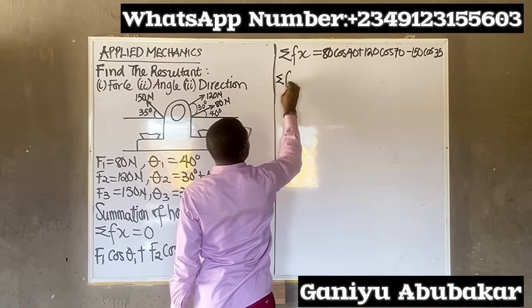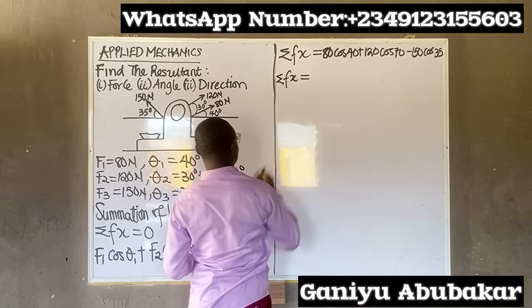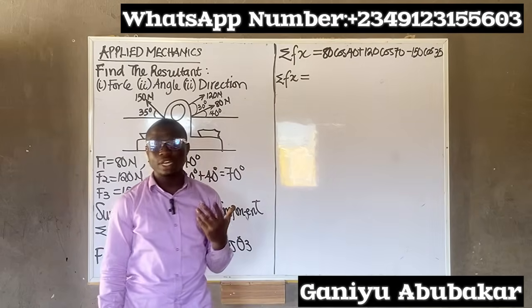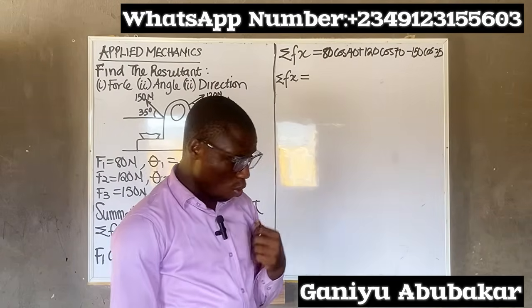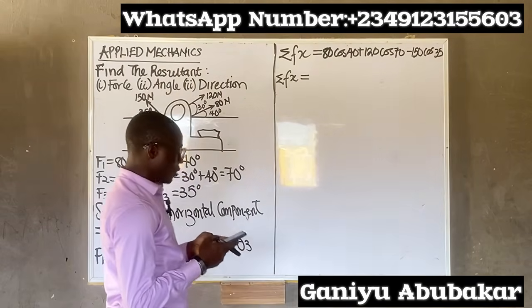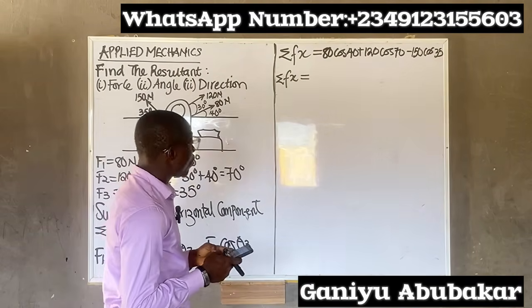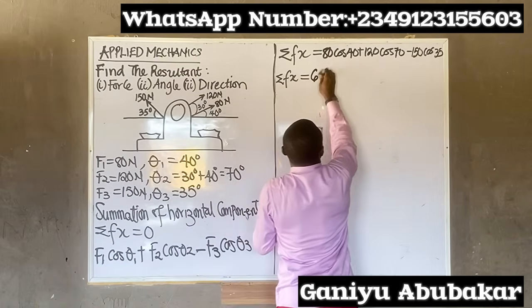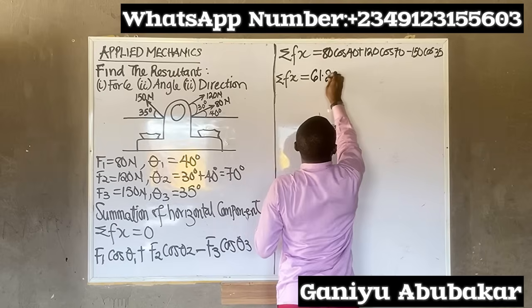Summation of F of x will now be equal to, if I punch these values into the calculator, what do we get? 80 cos 40 gives you 61.28.